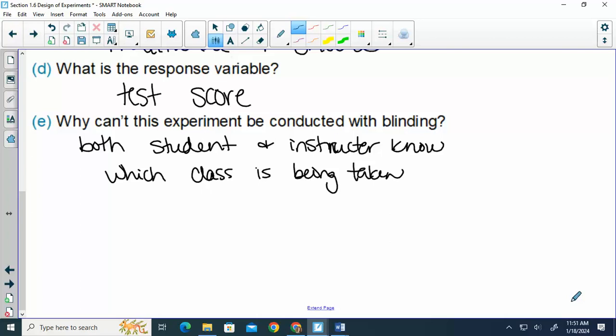So any questions about what it means for a treatment, response, those kinds of things, blinding?